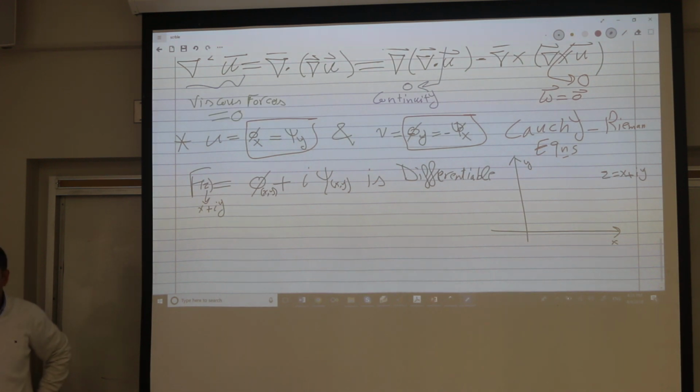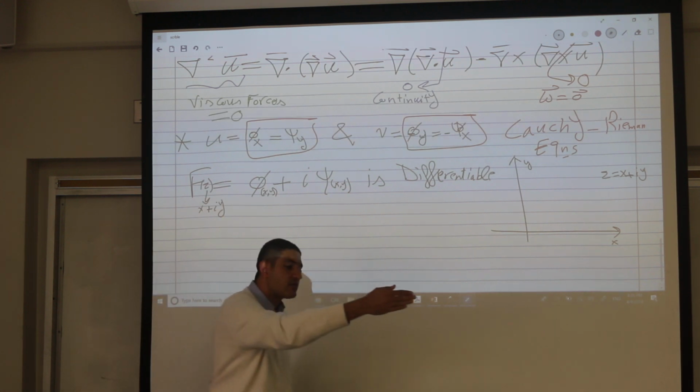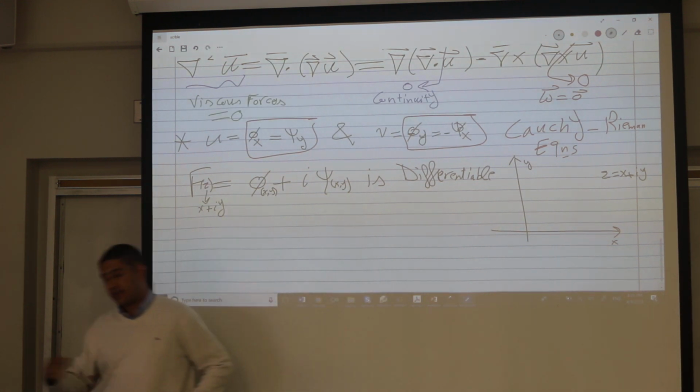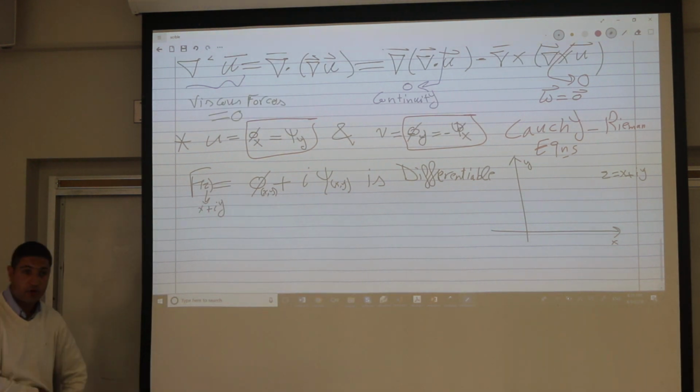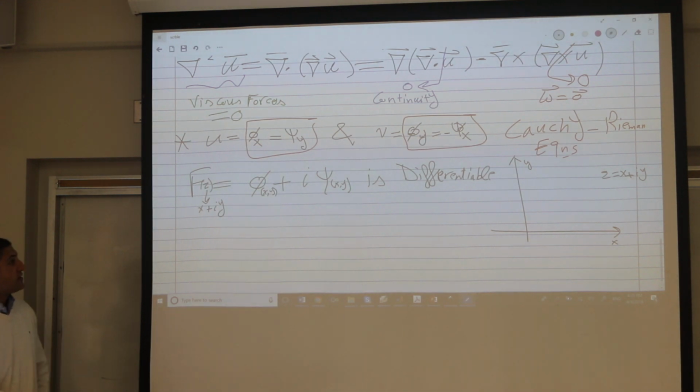And if you differentiate twice, it doesn't mean that you can differentiate a third time. And even if you differentiate an infinite number of times, it doesn't mean that you can write it as a convergent power series. So this is differentiable, twice differentiable, infinitely differentiable, or analytic, that you can write it as a convergent power series, polynomial.